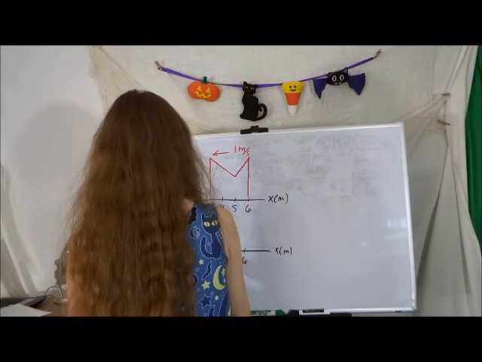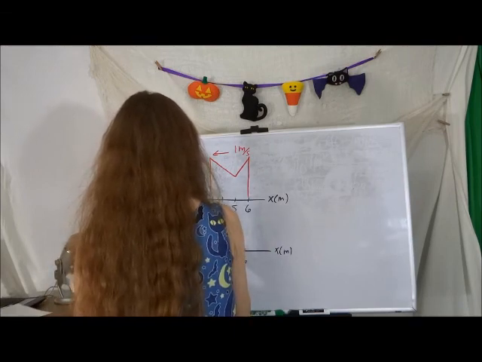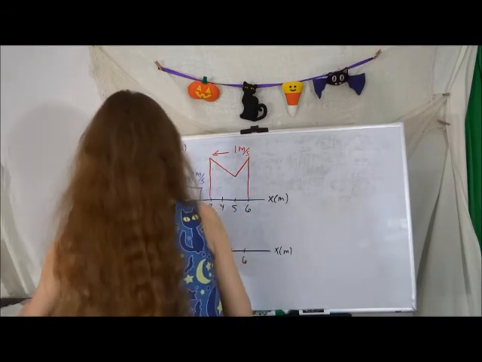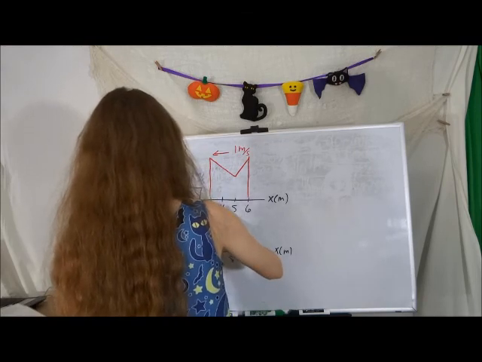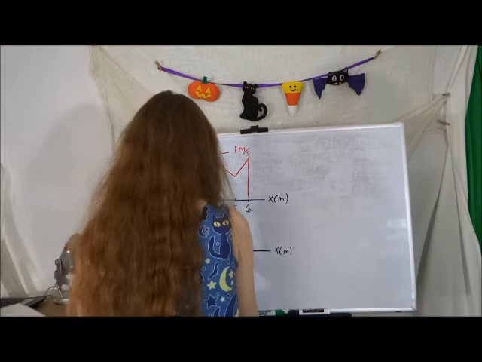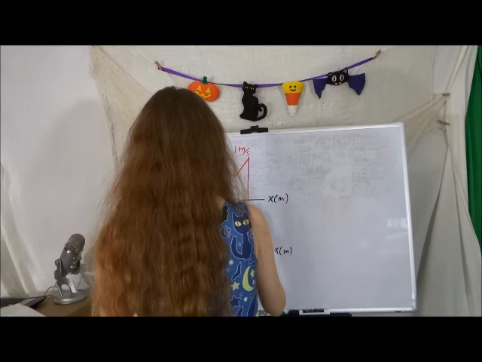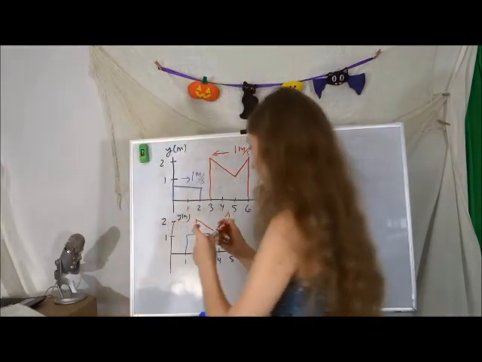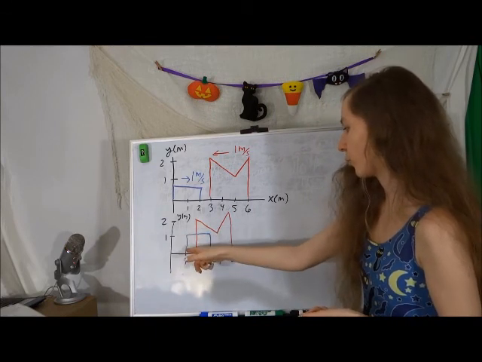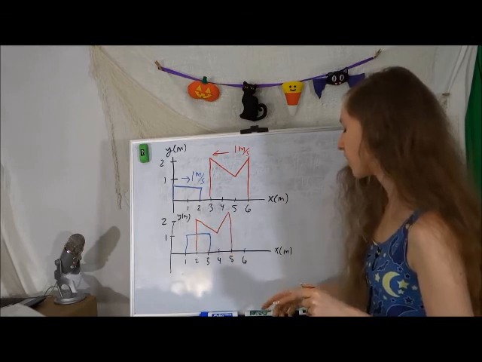So it's going to look like this. And so we can see that between 1 and 2 meters, it's just going to look like the blue wave, and between 3 and 5 meters, it's going to look like the red wave.